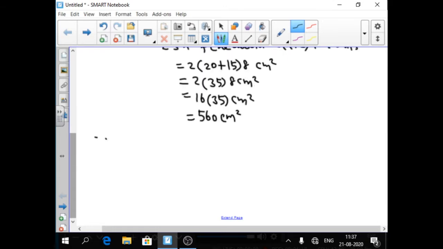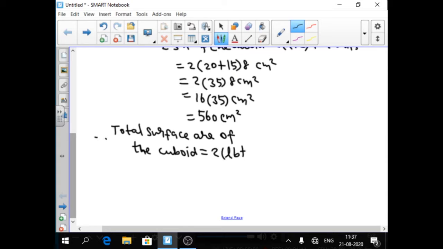Next, second one, total surface area of the cuboid. Total surface area, you know the formula: 2 times of (length breadth plus breadth height plus height length) squared units.